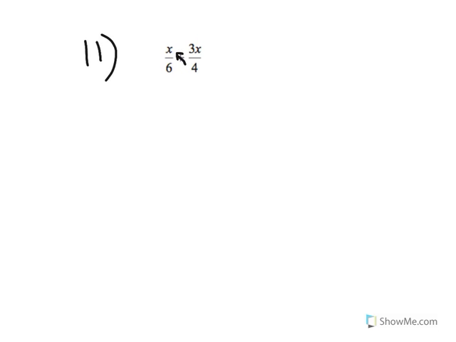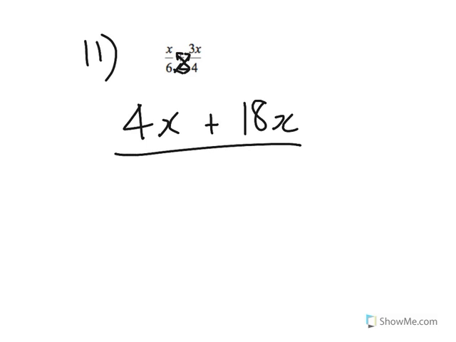Multiply this with this, multiply this with this, then multiply these two together. So we do 4 multiplied by x, and we get 4x, plus 3x multiplied by 6, which is 18x, and we divide that by 6 multiplied by 4, which is 24. This is just a technique of getting a lowest common denominator, so you can simplify the whole fraction.